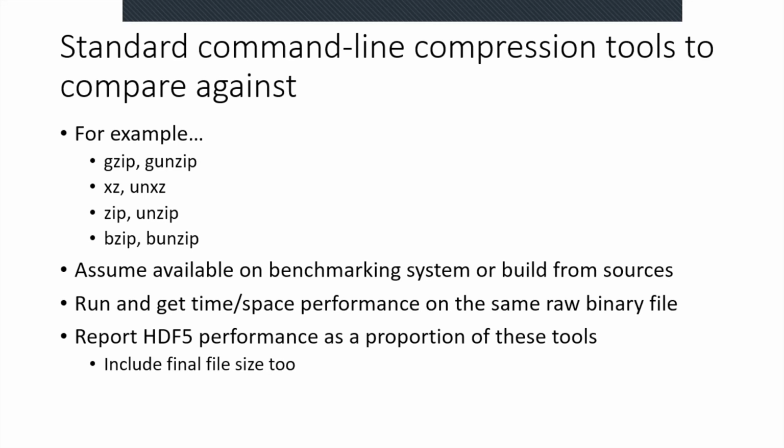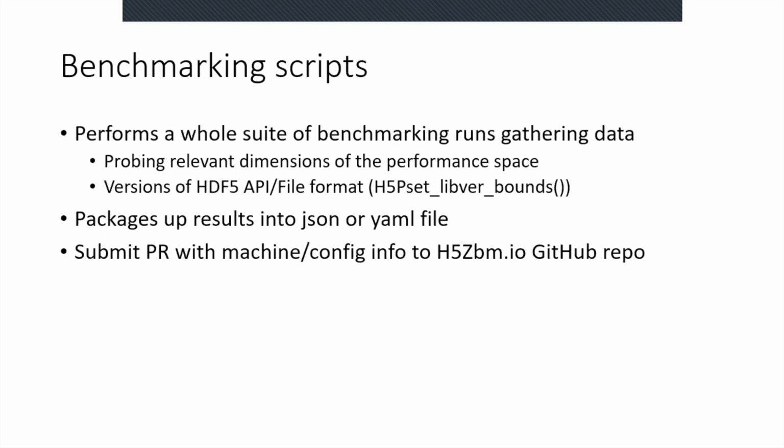So I don't know what we do regarding these other tools. Do we assume they're available on the benchmarking system, or do we have to build them from sources? To be honest, it might make some sense to build them from sources, because in order to make completely fair comparisons, you want to compile them to exactly the same standards that you compiled the H5zip tool to. And then you basically compare how H5zip does to each of these tools, and include the file size in the comparisons.